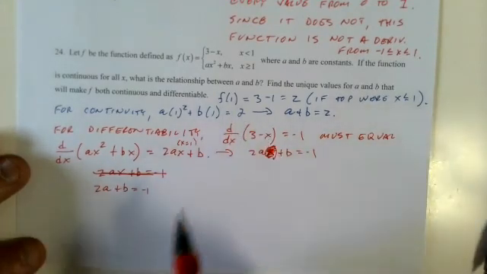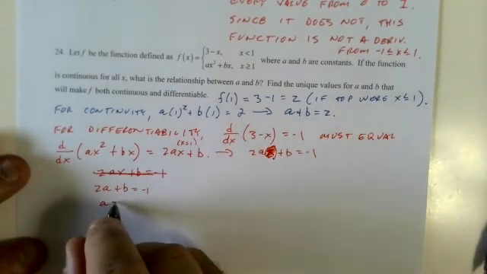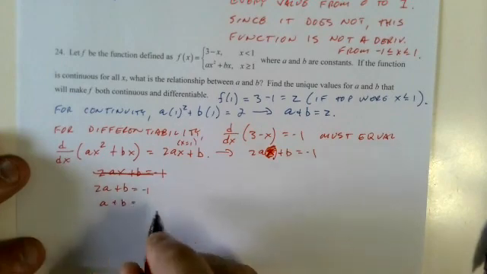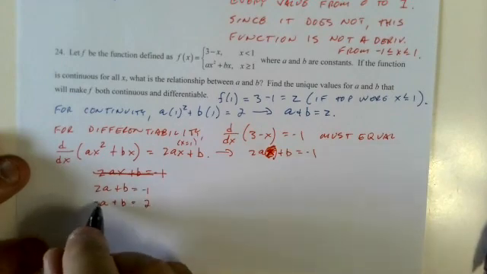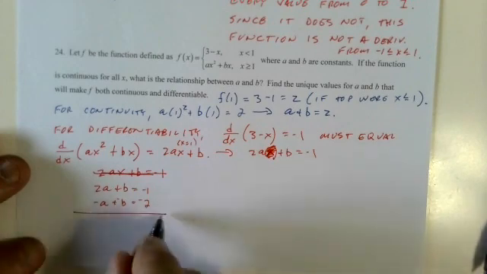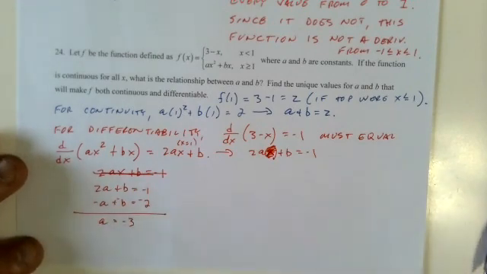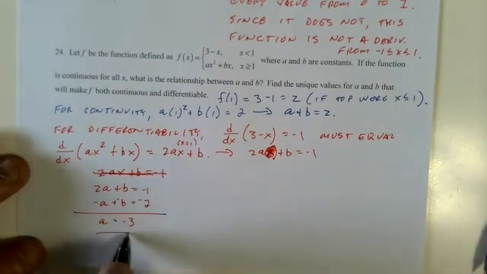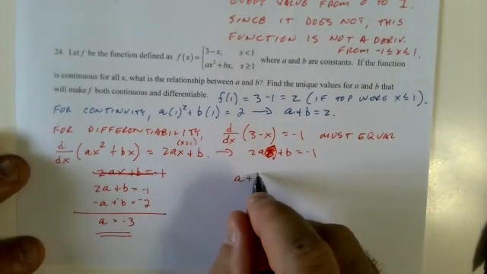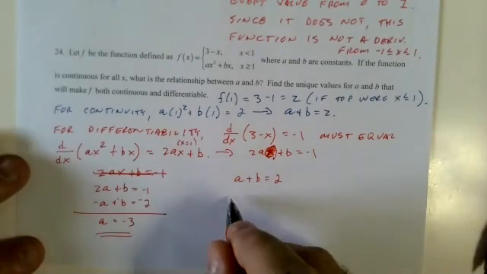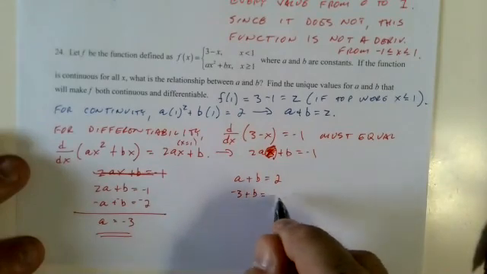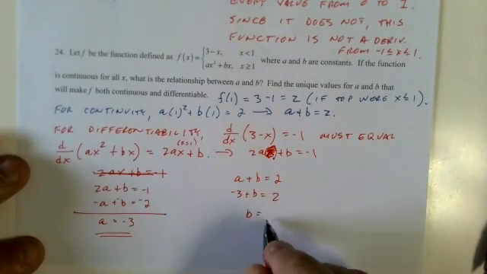And then I will put the other equation underneath it. a plus b equals 2. And we'll slap some negatives there for elimination. So a equals -3. Here's one of them. a plus b equals 2. -3 plus b equals 2. b equals 5.